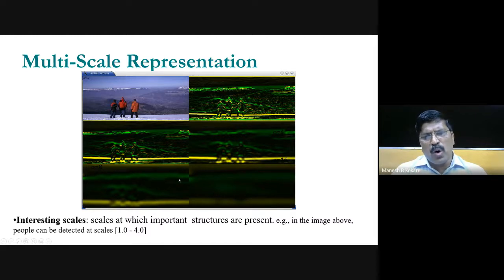As you go on increasing the scale, you get a wider picture and the small details vanish. So scales at which important structures are present, for example, in the above image, people can be detected from scale 1 to 4. But at the 5th scale, it is not possible to detect the people.